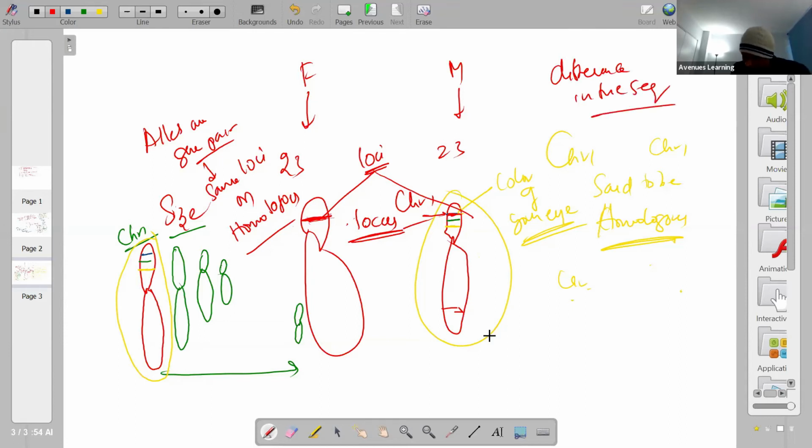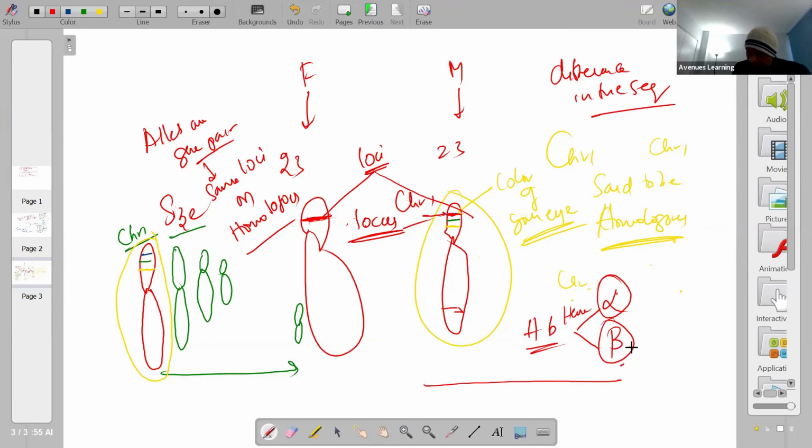For instance, hemoglobin is made up of 2 alpha chains and 2 beta chains, and of course you have the heme moiety. One gene is responsible for the beta chain, and one gene is responsible for the alpha chain. This beta gene is synthesized from a part of DNA, which we are calling the gene.